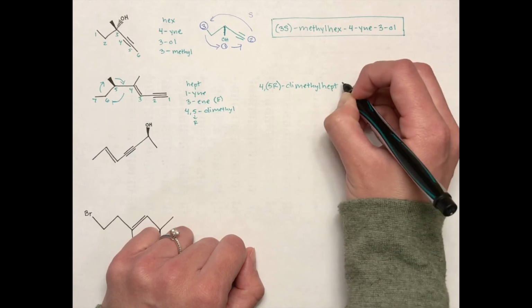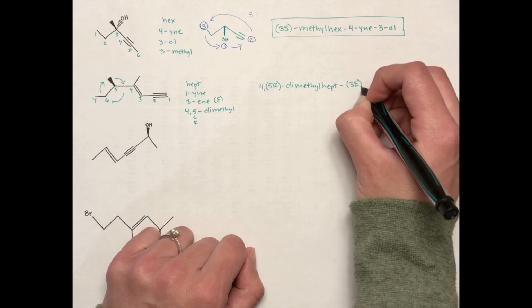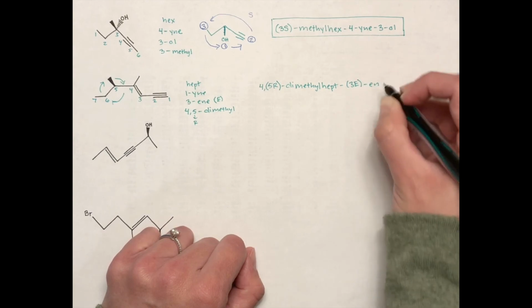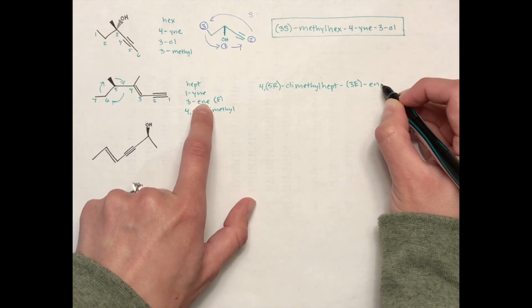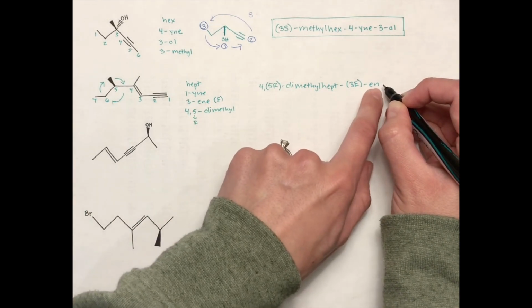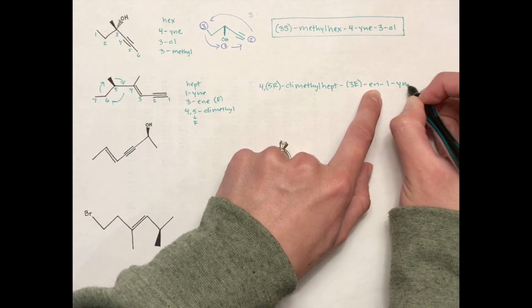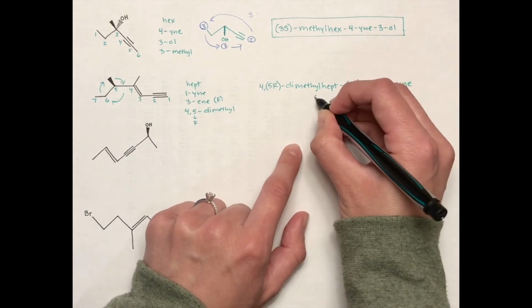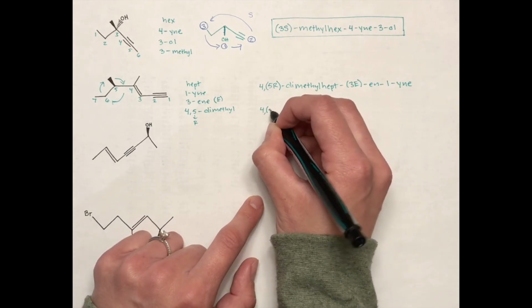Dimethyl hept. 3E. En, because we drop the second E when we have it in the middle of the word. So N now. -1. And then that's our triple bond. Perfect. Or you can also write it like this. Don't forget the comma.